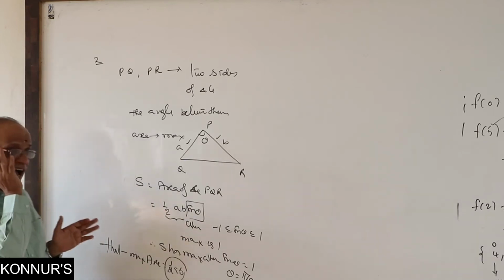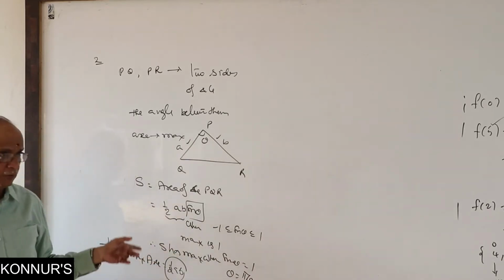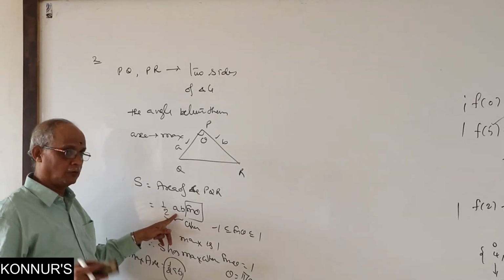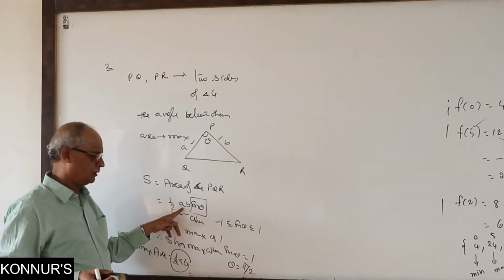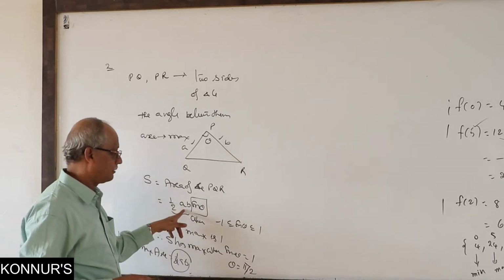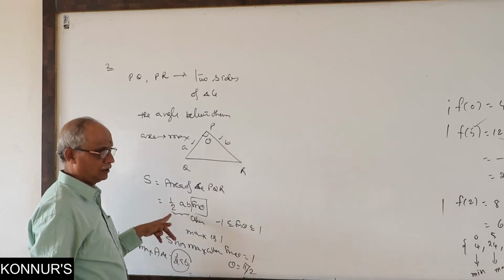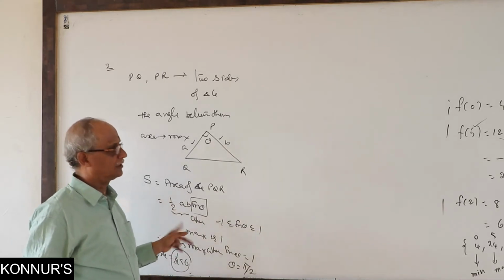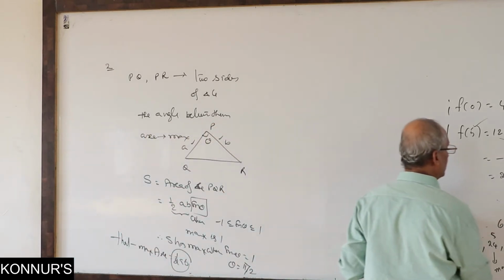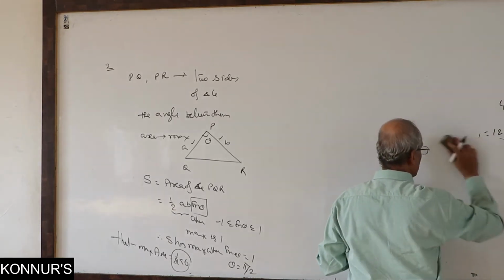So the solution is very simple, only if you know this result. You don't know the result because it is not in our regular syllabus. Hence we are writing an extra synopsis formula, half AB sin theta. As far as CET is concerned, we do not have this in the regular syllabus, but we need it. So this is an extra result from another chapter.